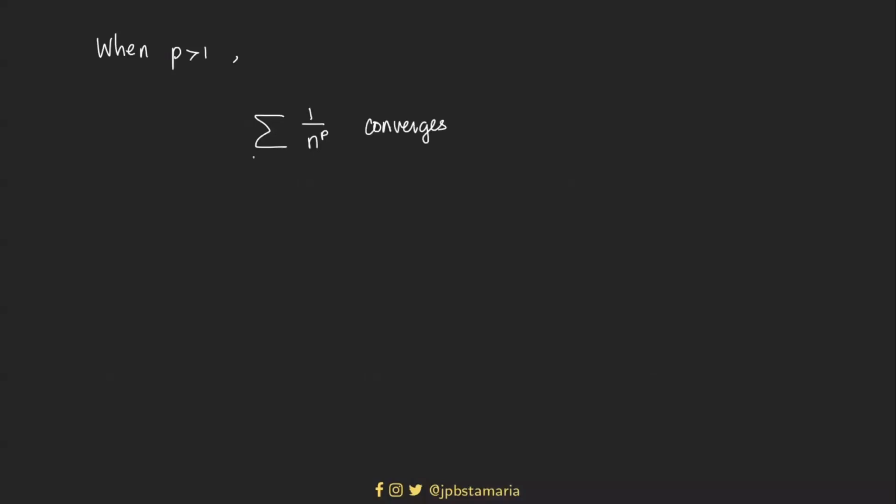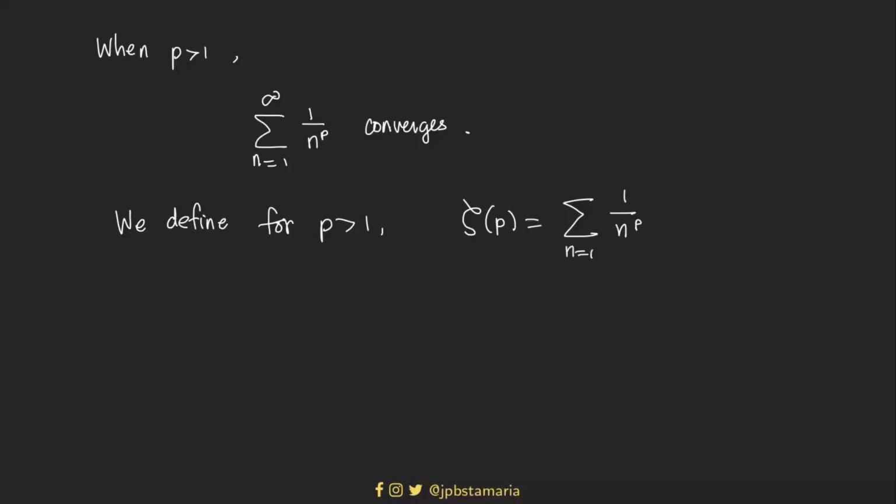But the truth is, alam ba natin yung sum? We don't know. In fact, we define, for p greater than 1, the function zeta of p to be the sum. Kung ano man yung value nito, kung ano man yung sum na yan, yun yung zeta of p.